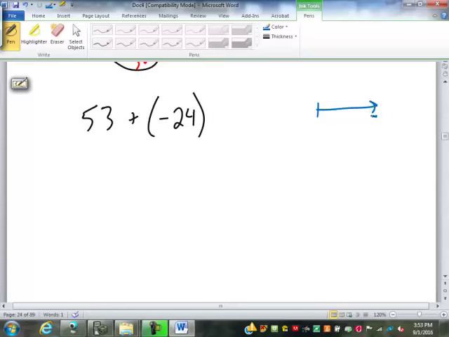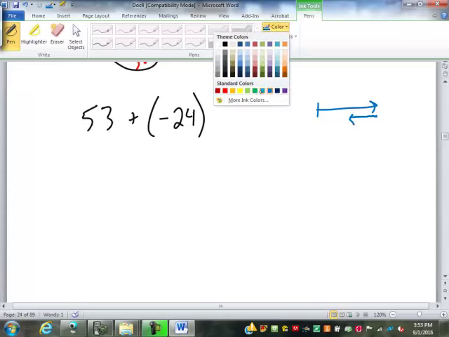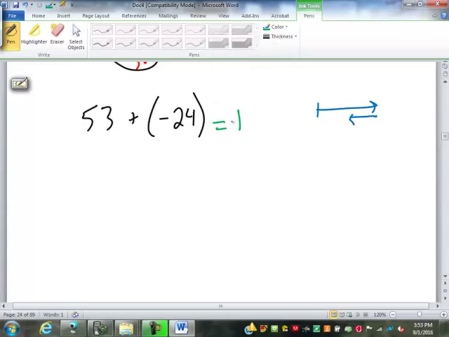Opposite, shorter or longer? Shorter. So we end up on the positive side. Adding or subtracting? Subtracting. 29. Positive 29. How many of you had that? Okay, good.